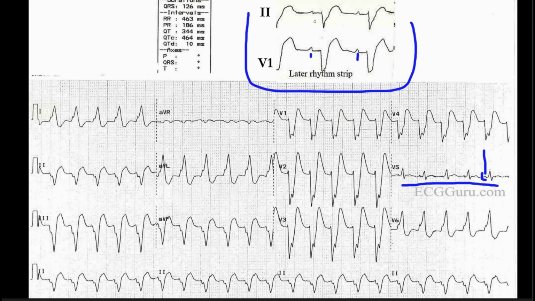What's interesting is the QRS morphology hasn't changed from the tachycardia. Lead 2 looks like this, and the lead 2 when the patient was going fast looks pretty much the same. Here's the morphology in V1, probably a left bundle branch block, and here's V1 when the patient was going fast. It really looks pretty much the same.